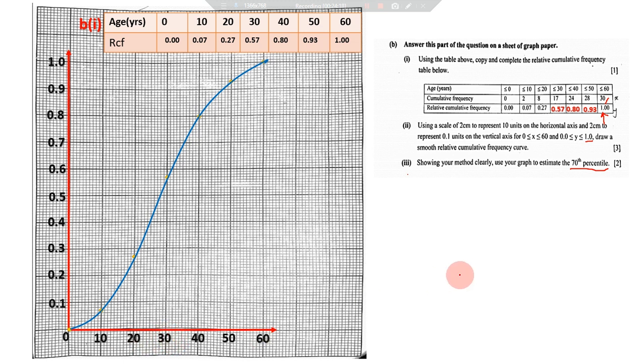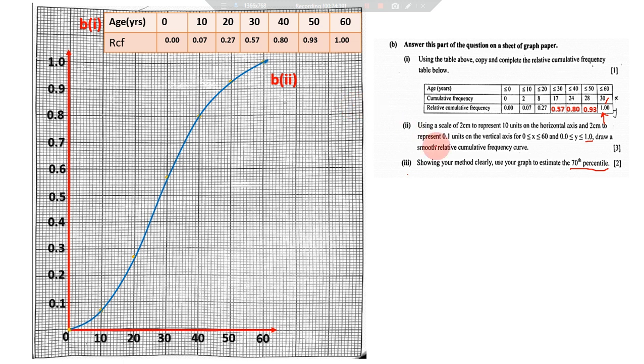Now, first of all, we need to understand that for us to remove a value from percentage, it means we need to divide by the maximum. So the maximum percentage is 100. So let us write down. This question is B Roman numeral 2. As you can see, I'm indicating question numbers properly.